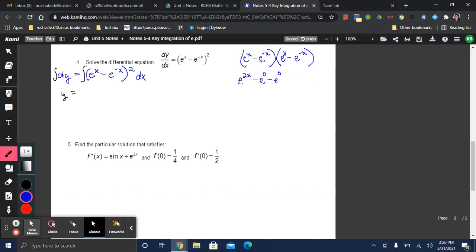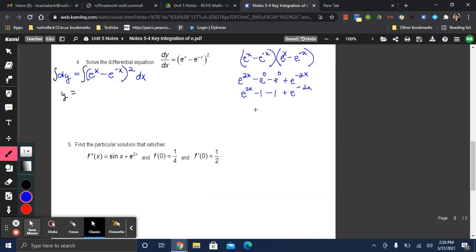And then finally doing negative e to the negative x times itself, we'll have a positive e, and then the exponents will add to give us negative 2x. So these e to the zeros are 1s, and so we'll have e to the 2x minus 1 plus e to the negative 2x.